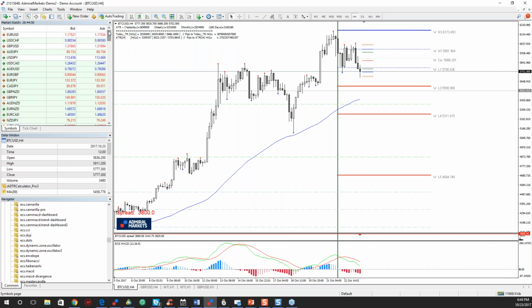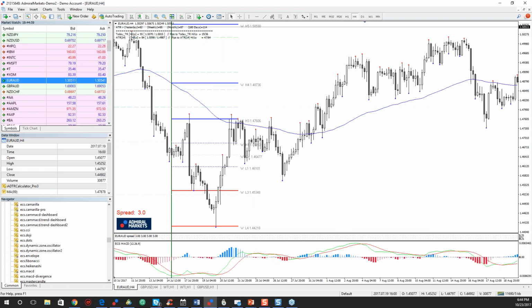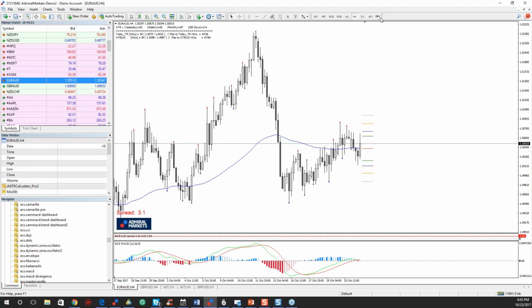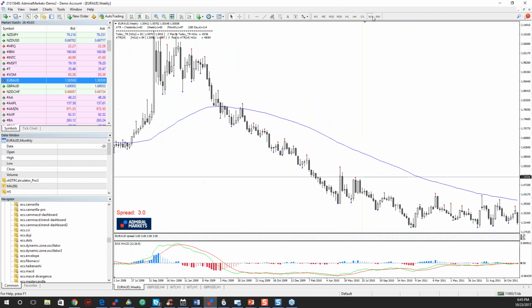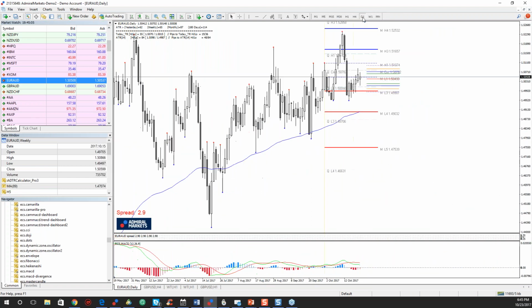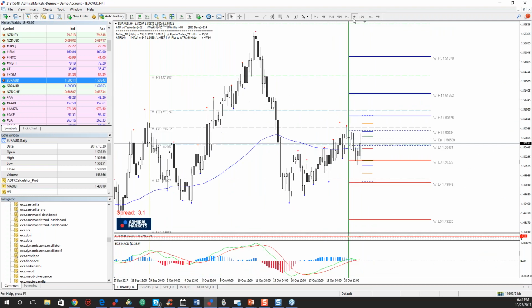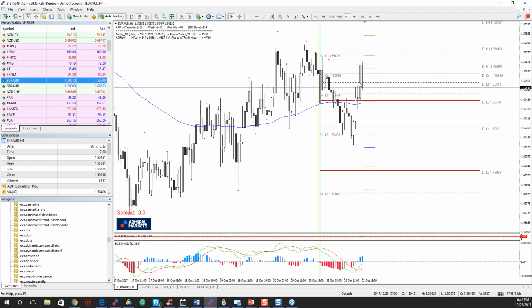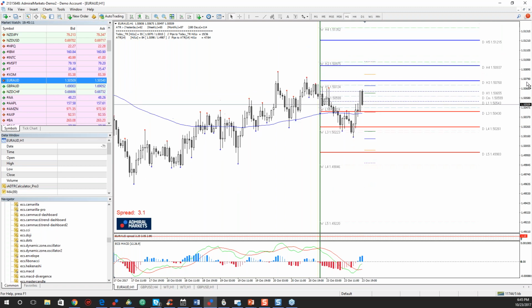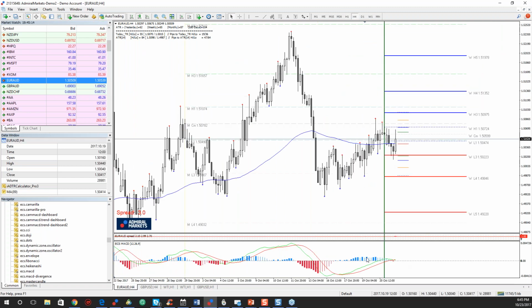Euro Australian dollar. Let's see, Euro Australian dollar. Quick look. Wow, this is ranging. I don't see anything more than a range here, a big range, MACD flat.